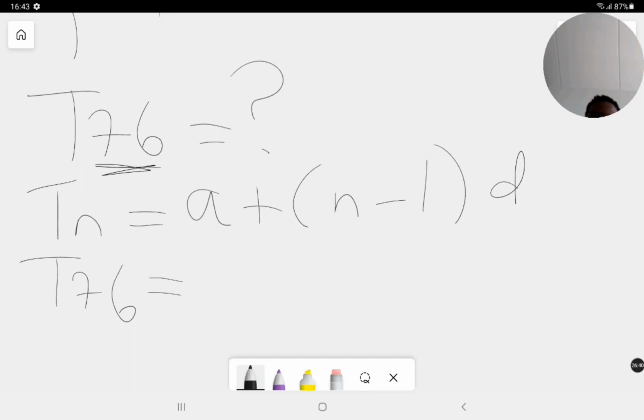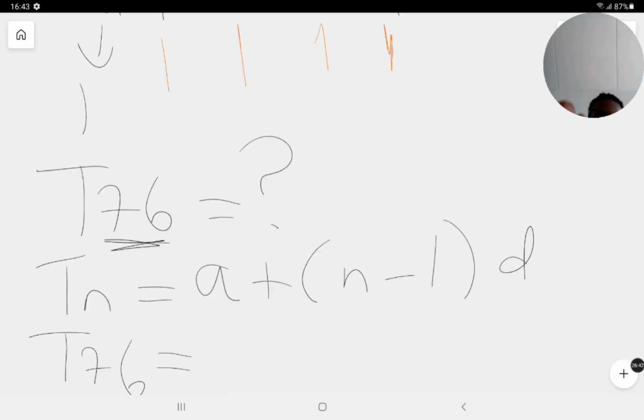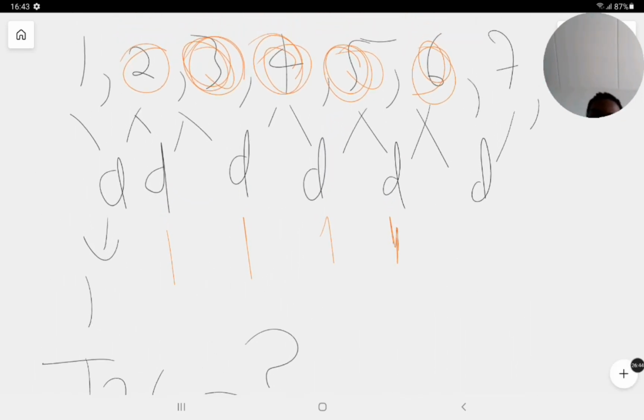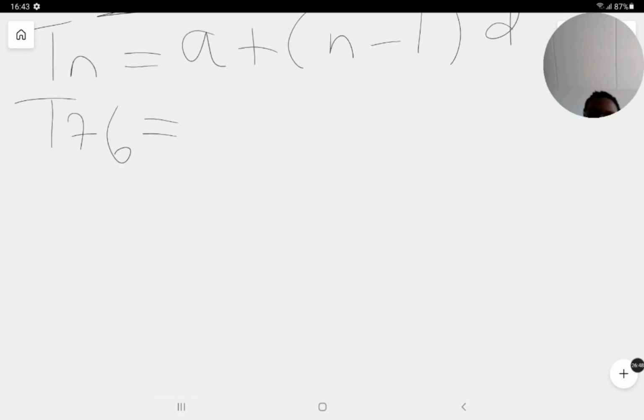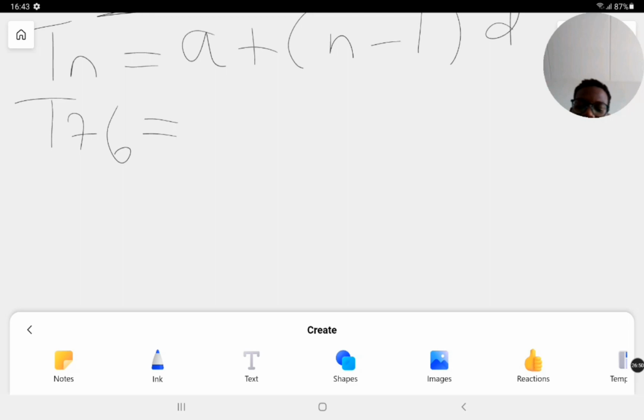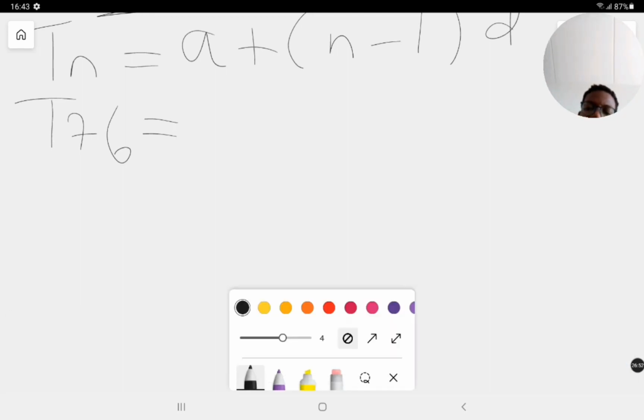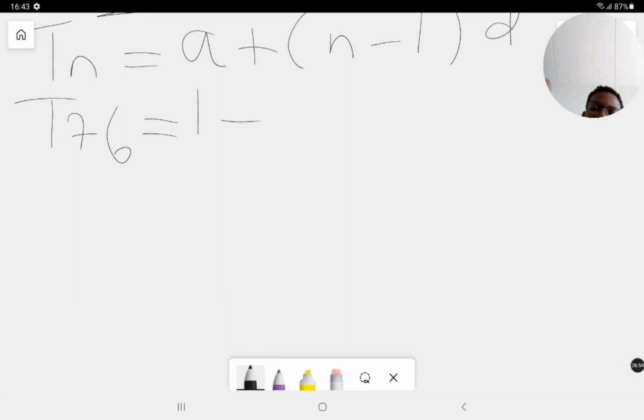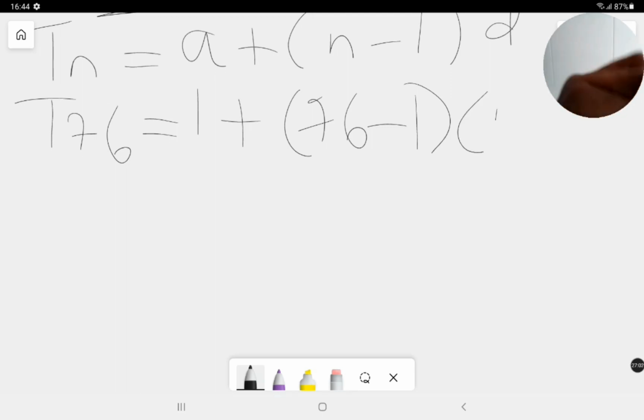You just take the first term. We remember from up here, the first term is 1. You can see that term number 1 is 1 in this sequence here. So you take this and you say that's 1 plus, what is n? n is 76, minus 1, then times the common difference, which is 1.